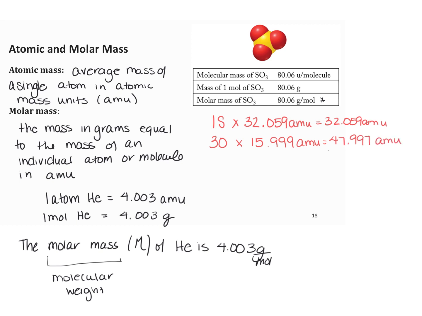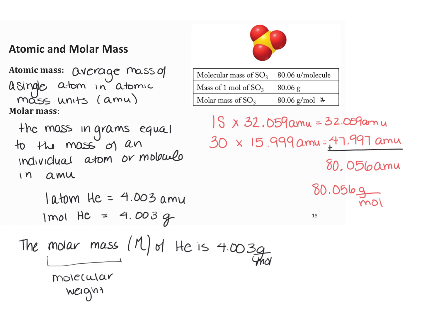And we come here and we add these together, and that gives us 80.056 AMU. But we also know that 1 AMU and 1 gram per mole are mathematically the same. So we would say, look, this is also 80.056 grams per mole.